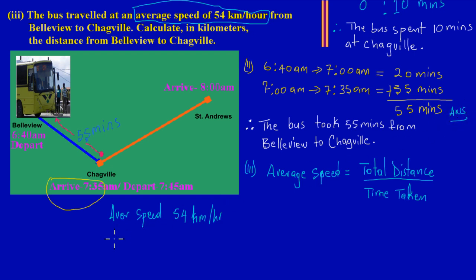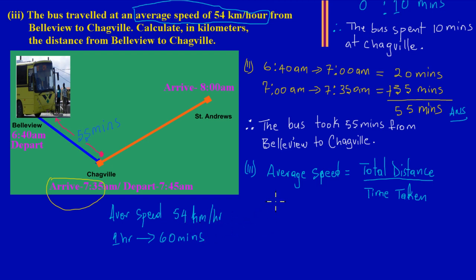There is a total of 60 minutes in 1 hour, so 1 hour is the same as 60 minutes. You want to work with similar units when working in math. So my average speed is really 54 kilometers over 60 minutes.